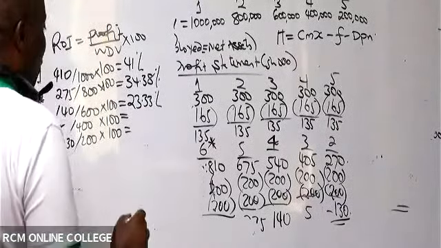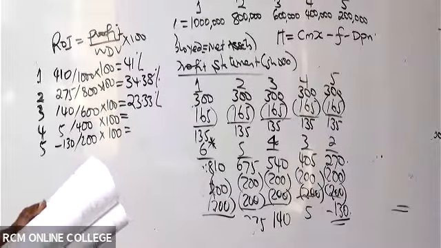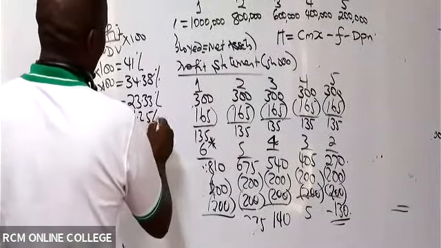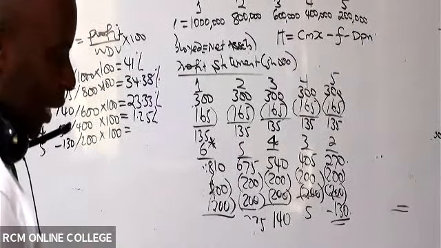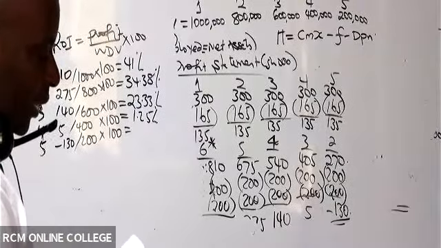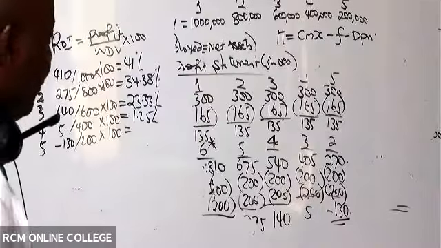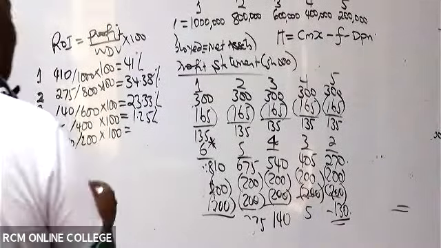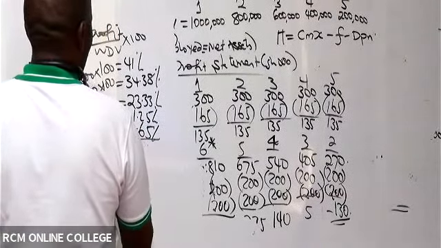From there, we have the fourth one, which I'm being told is 1.25, quite small. And then we have a negative return, which is negative 65%.